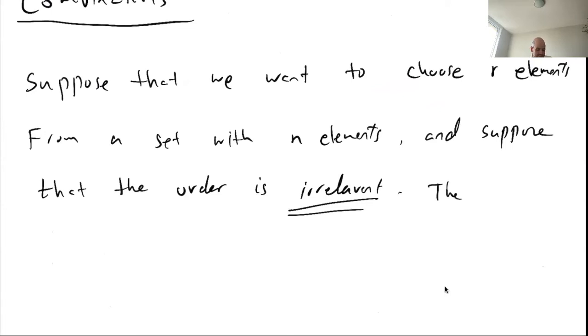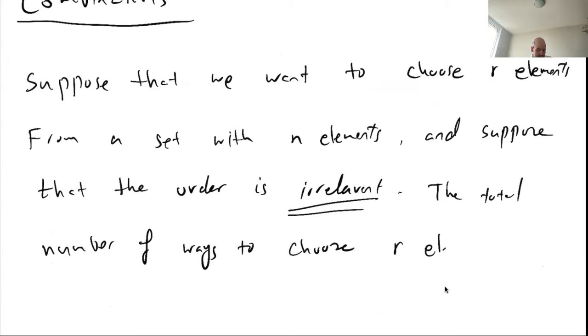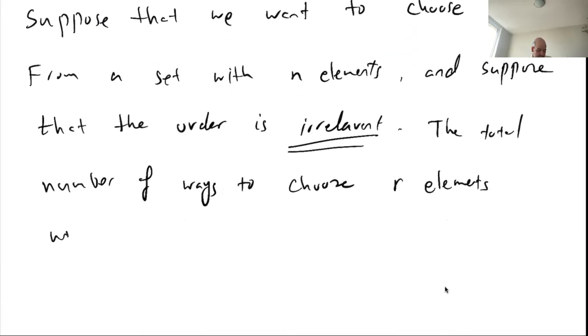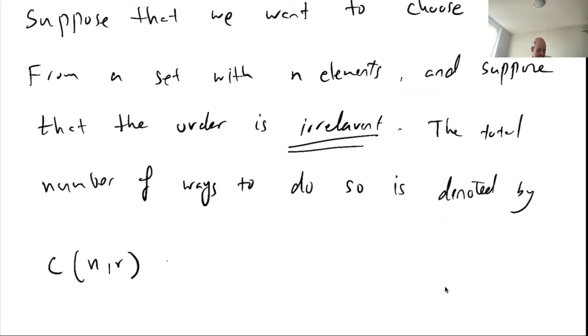The total number of ways to choose r elements is denoted by C(n,r), or another notation, n choose r.